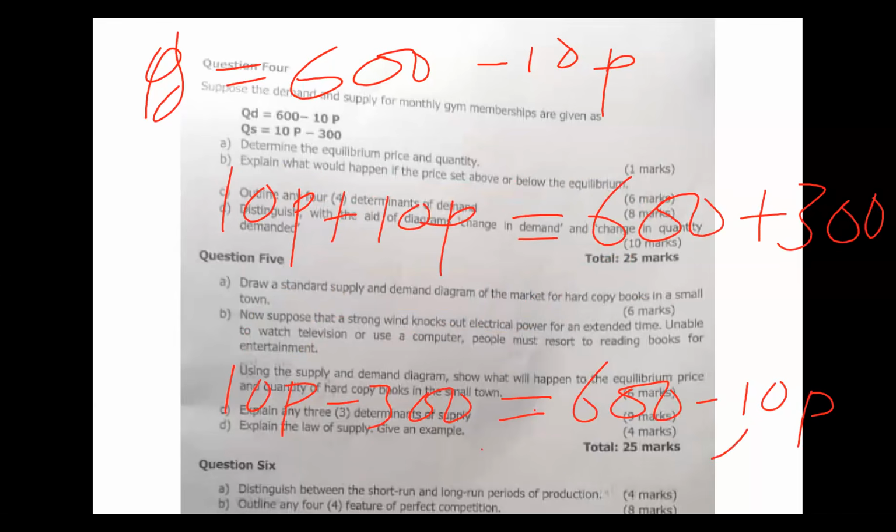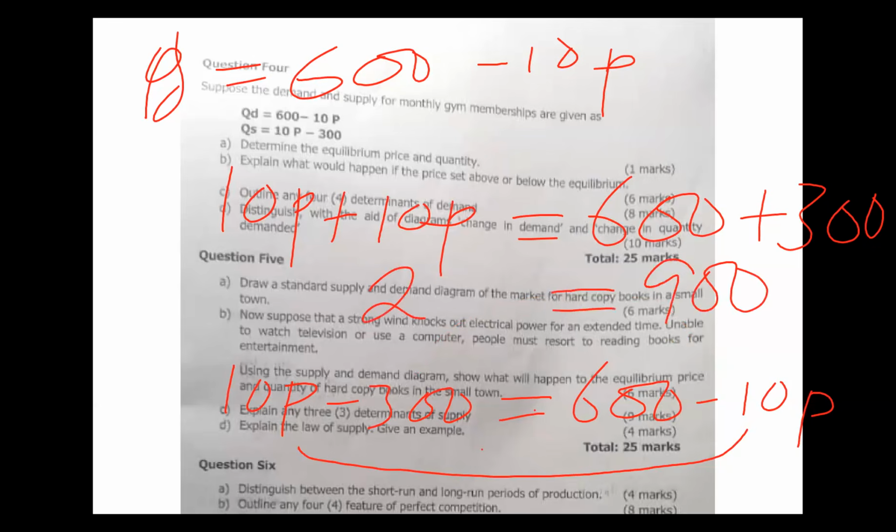The negative 10P has come to this side and become positive, and the positive 300 has come to this side and become positive 300 altogether. So we will have 900 on the right side and 20p on the other side.